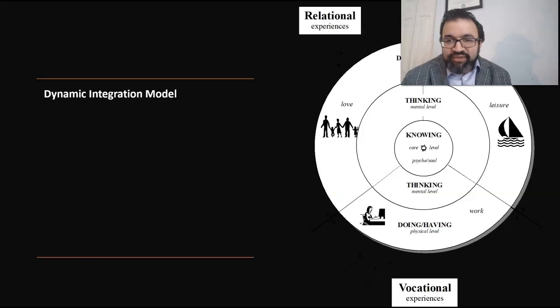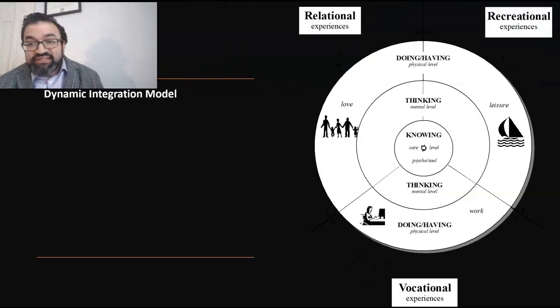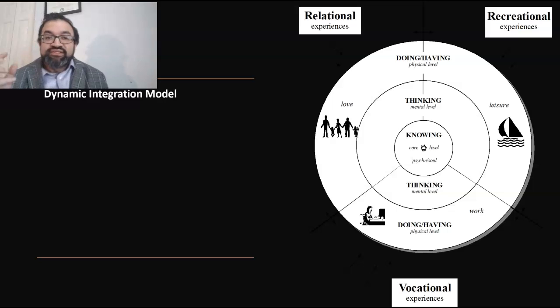It is a combination of relational experiences, recreational experiences, and vocational experiences. Part of this is understanding the idea behind the John Holland Code, so matching personalities with specific careers.